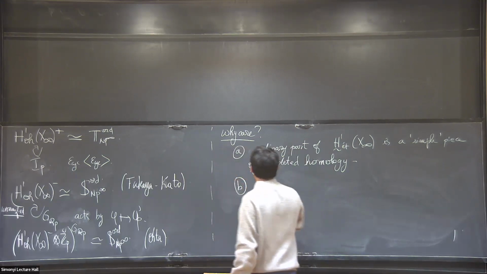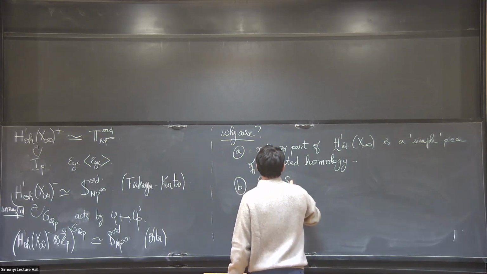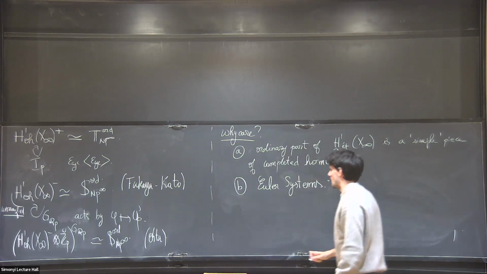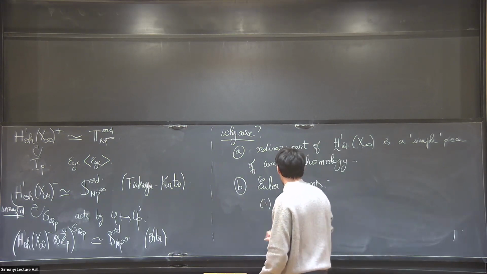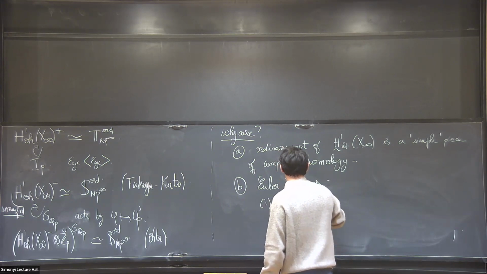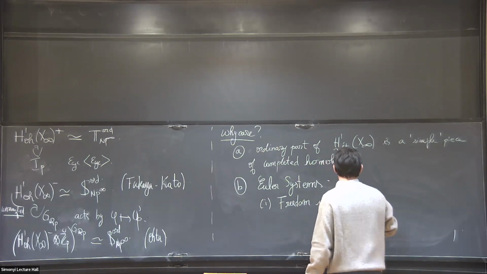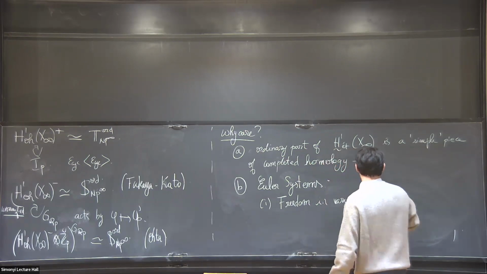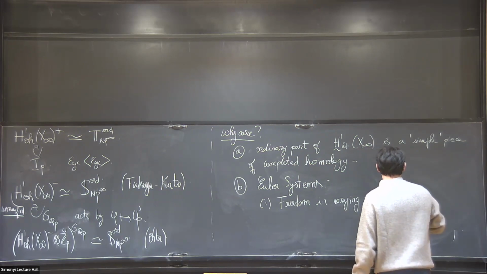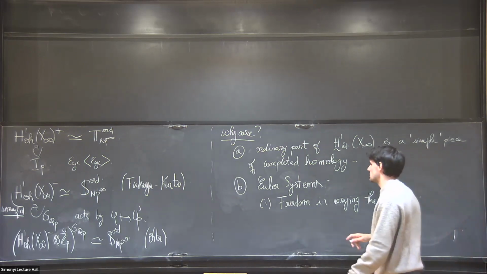And then B, from the point of view of Euler systems, these types of results allow you to do two things. One is the freedom in varying the weight or your Galois representation that you're considering.